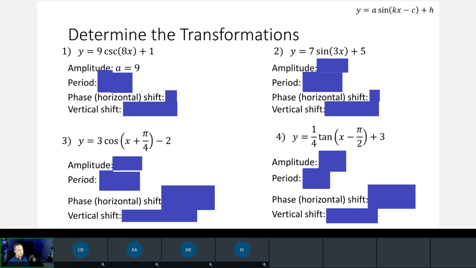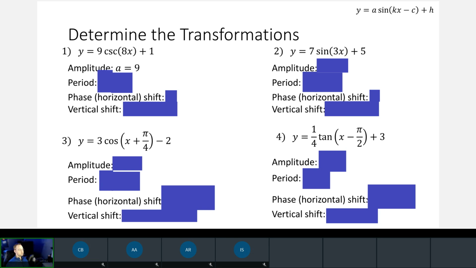When you think you have the answer, go ahead and write it in chat. Pi over 4. Yeah, that sounds good, I think.